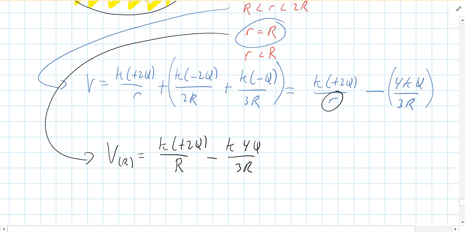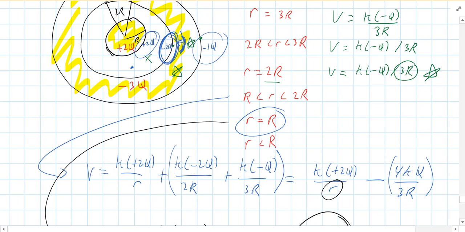And again, these are like terms now if you do your math here. So this left-hand term would become 6Q over 3R. So 6 minus 4 is 2. So you would get 2kQ over 3 big R. So that would be your voltage at R, at the surface of this guy.